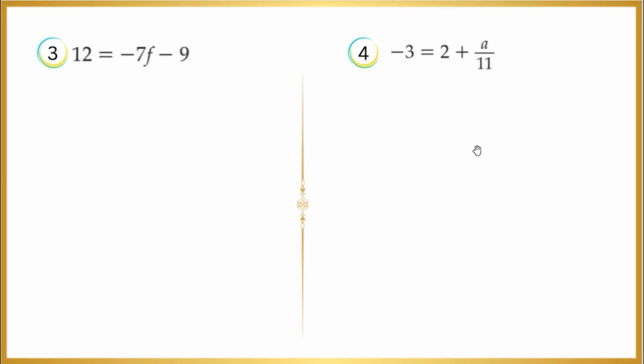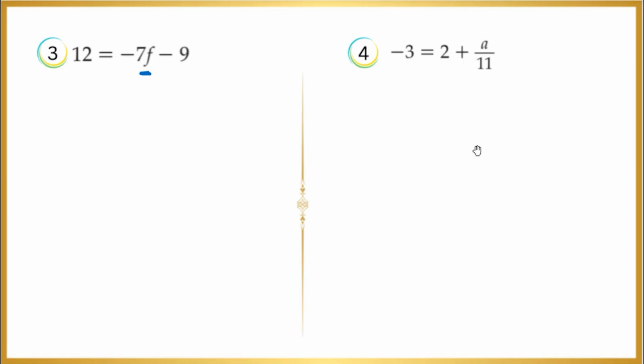Okay, question number 3. 12 equals negative 7f minus 9. Where is the variable here? The variable here is f. Which numbers are around f on the same side? We have 9 and 7 beside f. This is negative 7 and negative 9, or minus 9. We need to cancel this negative 7 and this minus 9.